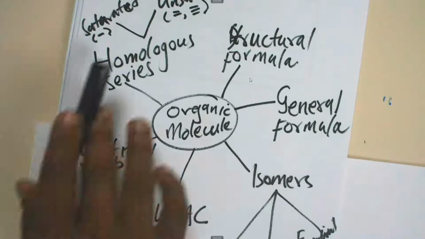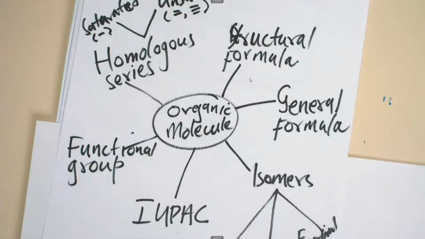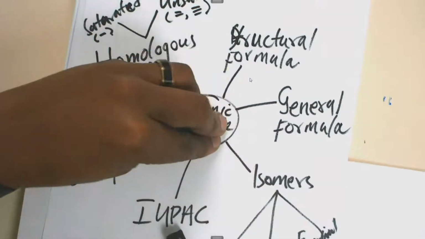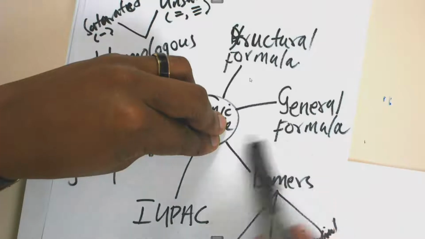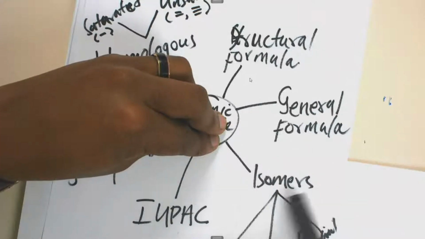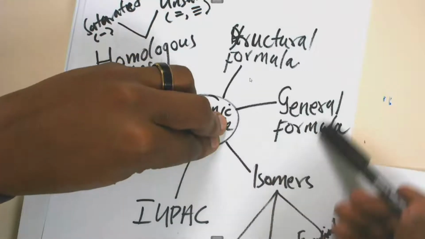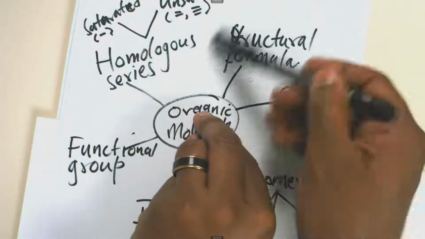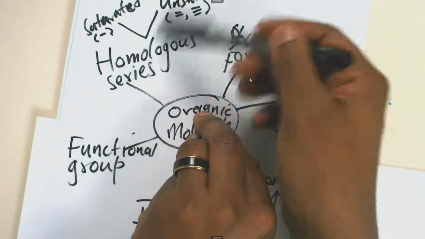So if all these pillars are closed, even if I am talking of an alcohol, if I have an alcohol here, can I name alcohols? Can I write isomers of alcohols if they do have one? Can I give the general formula of alcohols? Can I give the structural formula? Is it saturated or unsaturated?